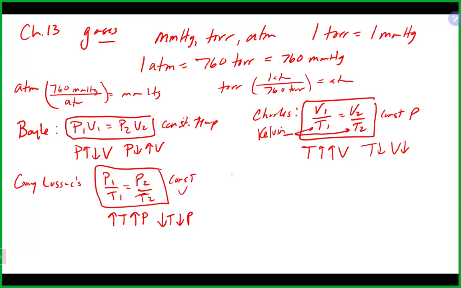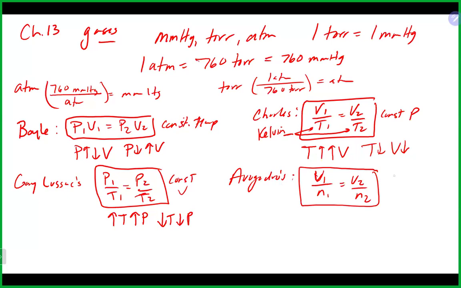We also saw, I believe, Avogadro's law. I remember Avogadro's law does deal with moles, and that is V1 over n1 equals V2 over n2. This is at two conditions, constant pressure and temperature.